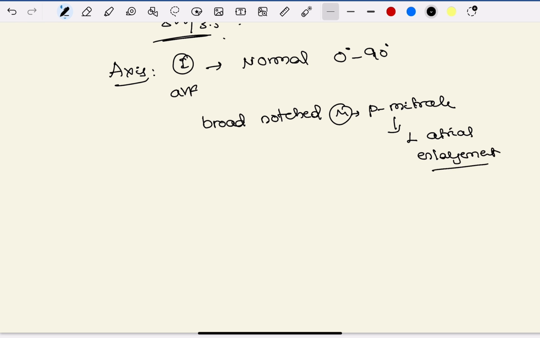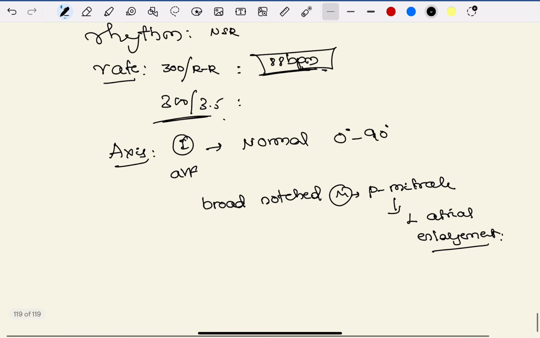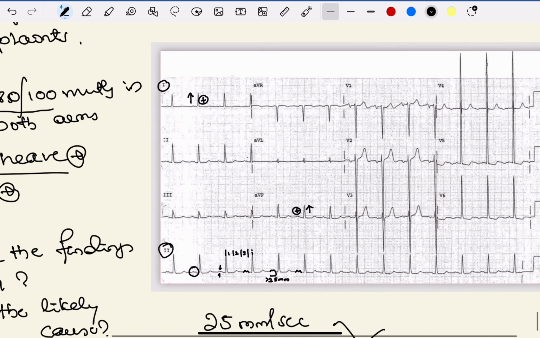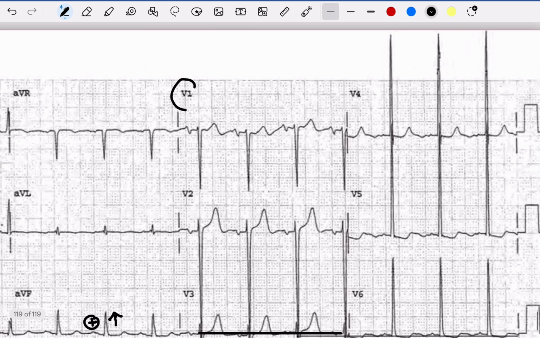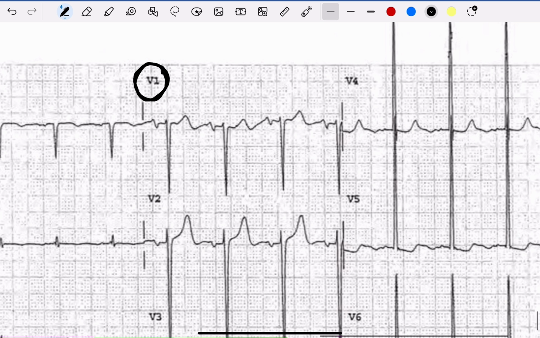There is one more finding which will tell us that there is left atrial enlargement. For that you have to look at lead V1, and see the negative component of lead V1. Look at this, this is the P wave. Normally in lead V1, the P wave is biphasic like this. The positive component is because of the right atrium, and the negative component is because of the left atrium. If there is any pathology related to the left atrium, which component is affected?